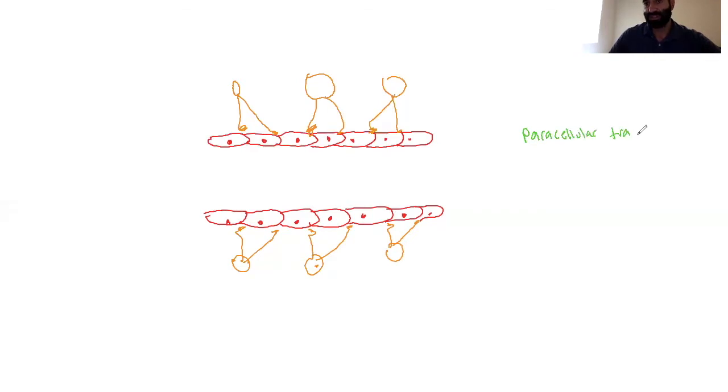Because of the composition of these capillaries and of the astrocytes, we are not going to have paracellular transport. And because of this, we eliminate a lot of things that we don't want getting into the intracellular environment of the brain. So what can be transported?